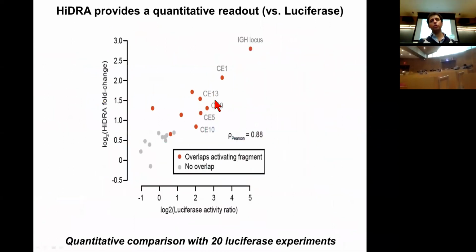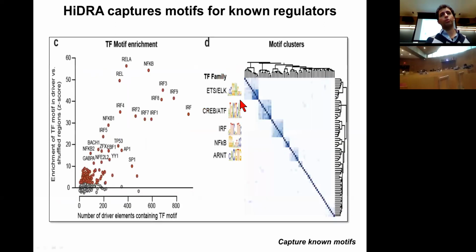And then our output is perfectly recapitulating this luciferase activity assay with 88% Pearson correlation. Okay, so that basically means that even though we've tested 7 million fragments across the genome, for those 20 that were in that region, we actually have very high reproducibility with luciferase.